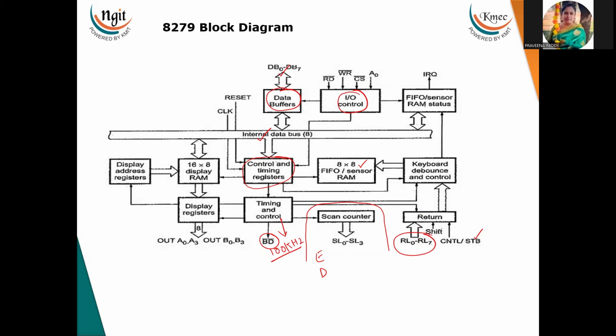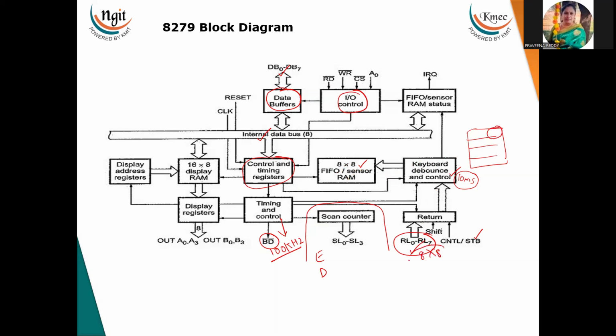The keyboard bounce and control unit is used whenever the input is operated in scanned keyboard mode. If any key is pressed, this keyboard bounce section will sense that and check whether the key is pressed for 10 milliseconds. Then it will be considered a valid key, and it will store that information in the FIFO sensor RAM. The FIFO sensor RAM consists of 8 locations of 8-bit data. Here you can see the return lines are 8 by 8.